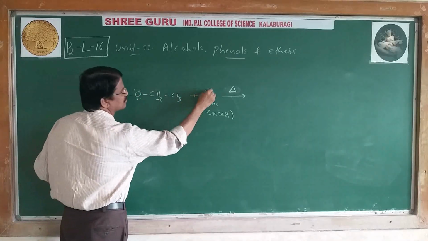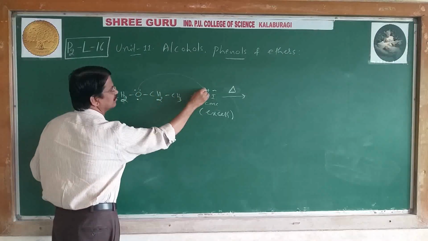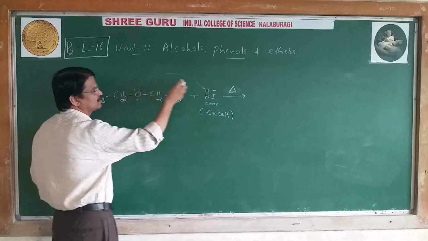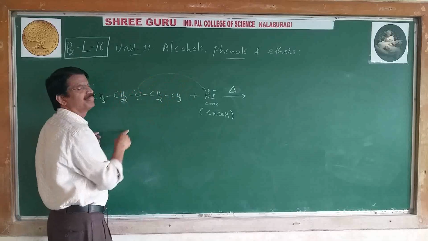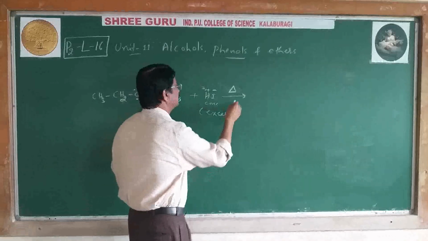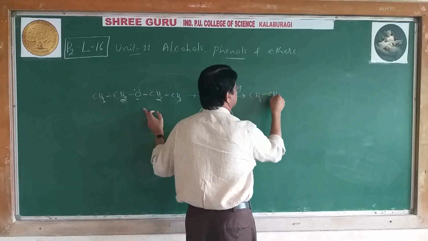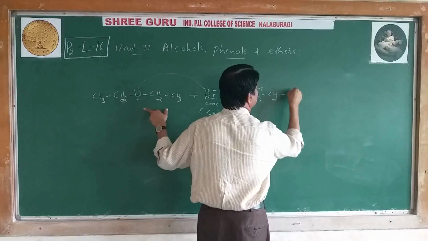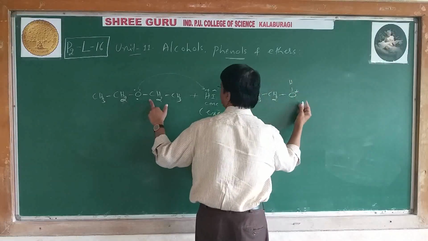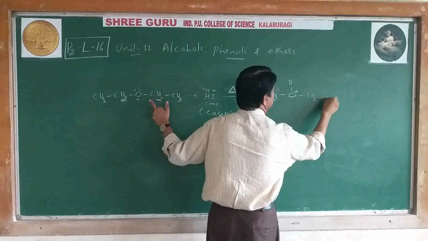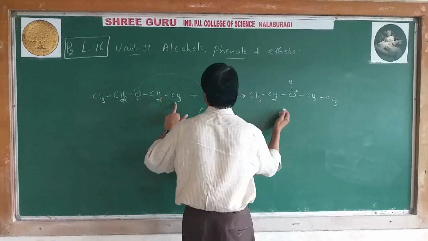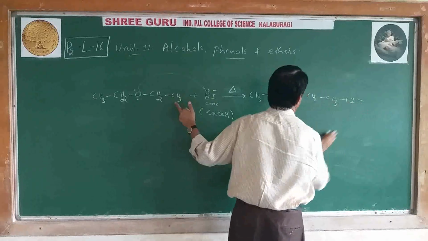First H plus adds to O, the electron pair adds to H plus, to give CH3CH2OHCH2CH3 and I minus.